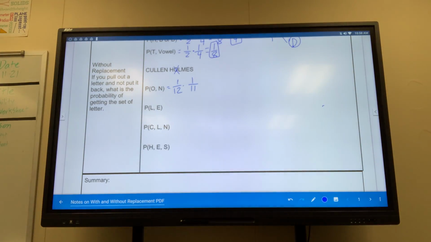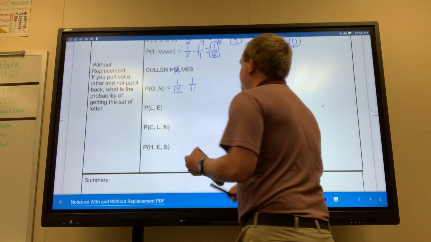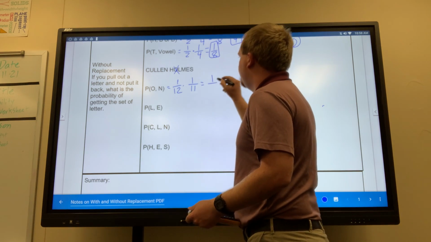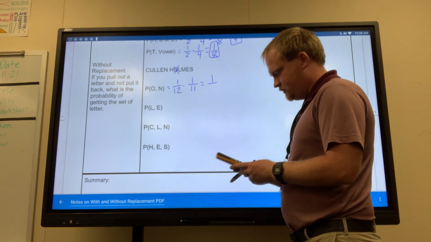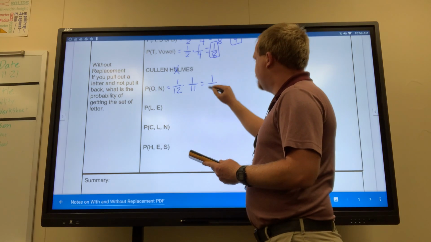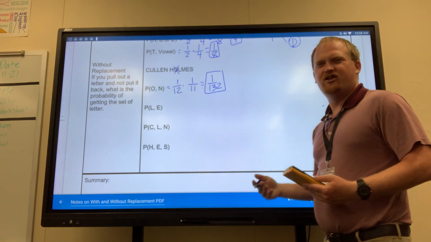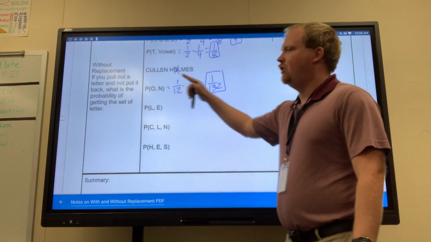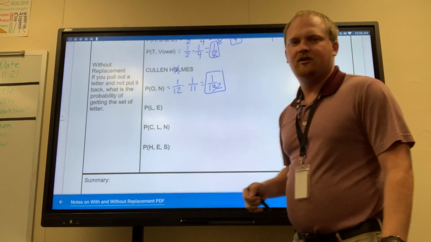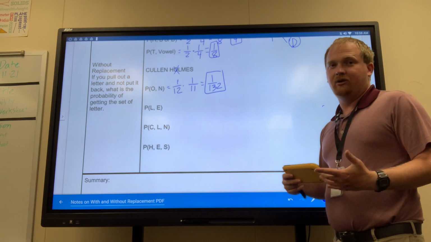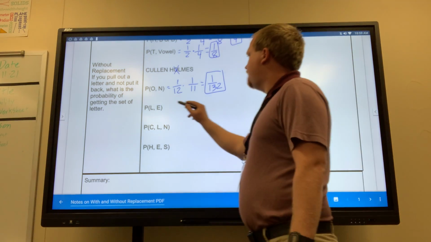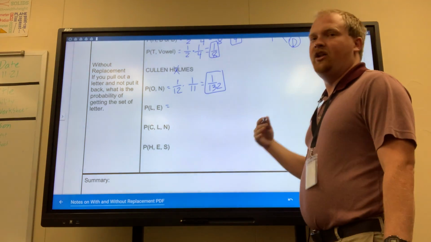So, if I want to find the probability of it, remember, top times top, which is 1, bottom times bottom is 132. So I have a 1 out of 132 chance of getting an O, then an N. Okay, that's pretty rare.